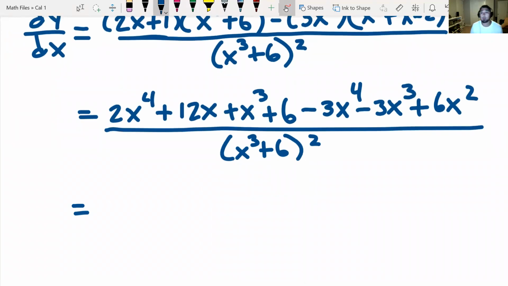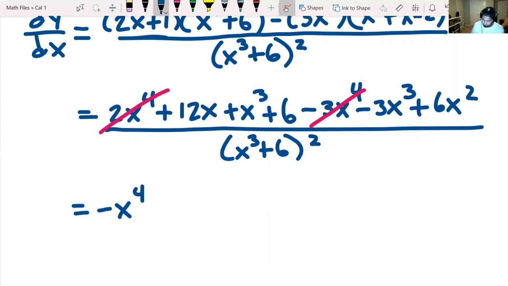All right, still combining. I have 2x to the 4th and negative 3x to the 4th. So that's negative x to the 4th. I then have x cubed minus 3x cubed.